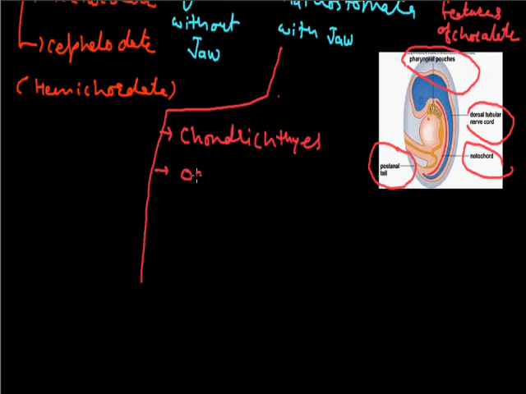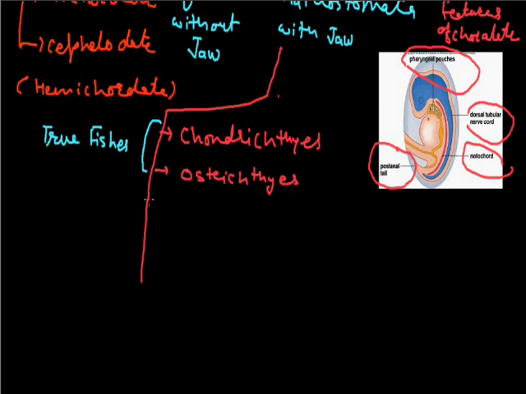Osteichthyes are the bony fishes. Only the animals classified in these two classes are the true fishes. Remaining ones like starfish and jellyfish are all false fish.